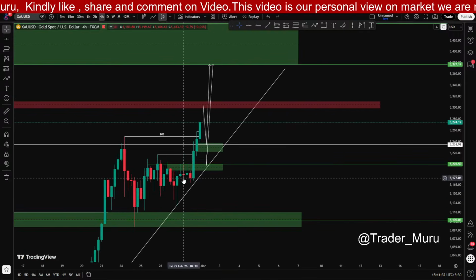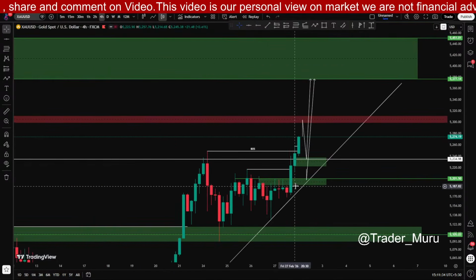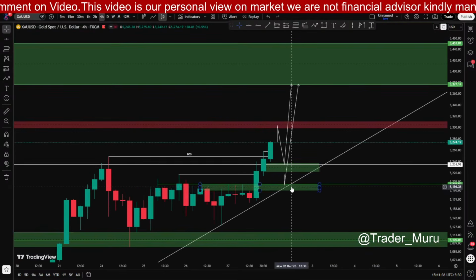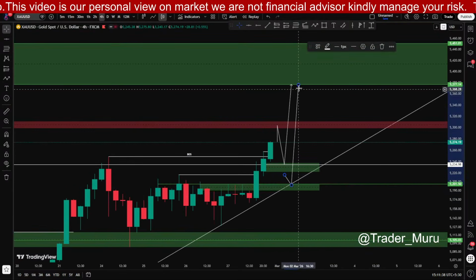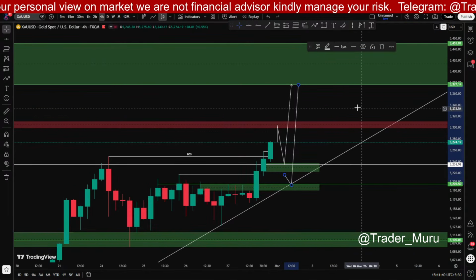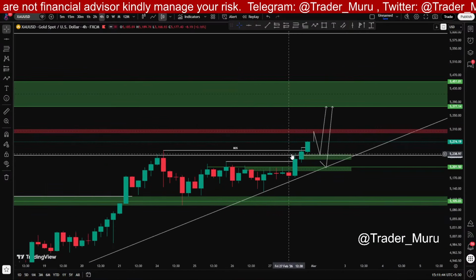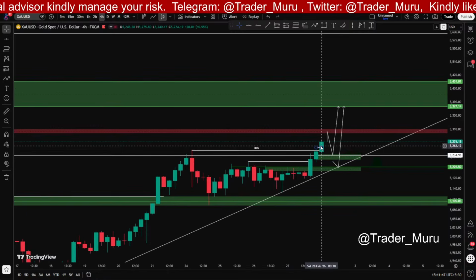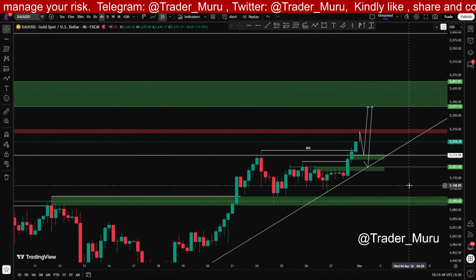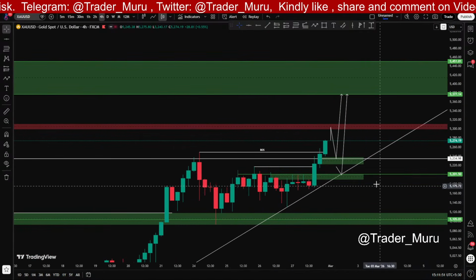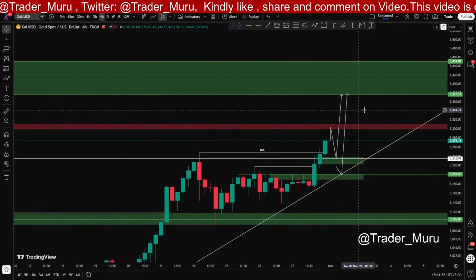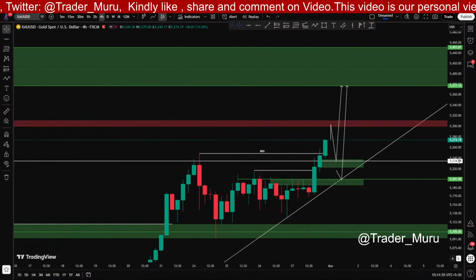Before that, it is not good to short gold. It is still bullish, and we are expecting the market to test at least this green zone here, and this is our target for the last 2 weeks, and we are still expecting the market to test it. So let's hope for a better retracement for a good entry.